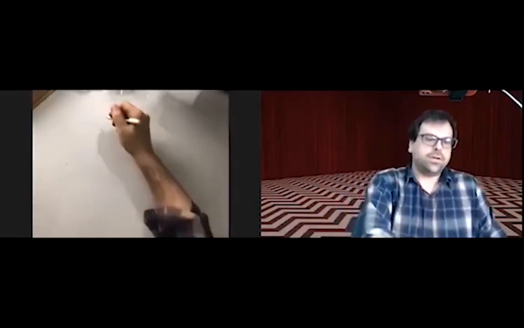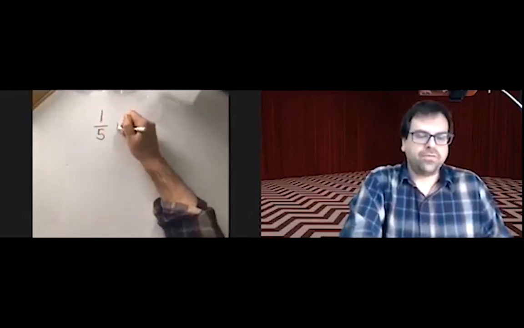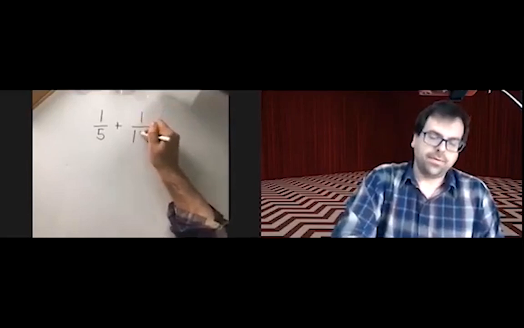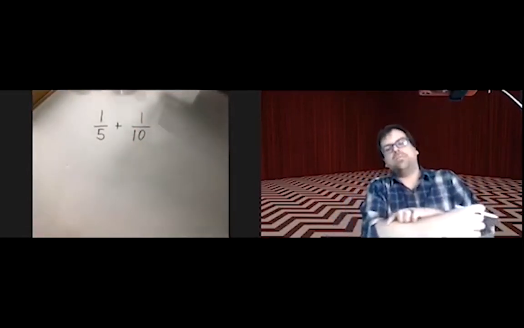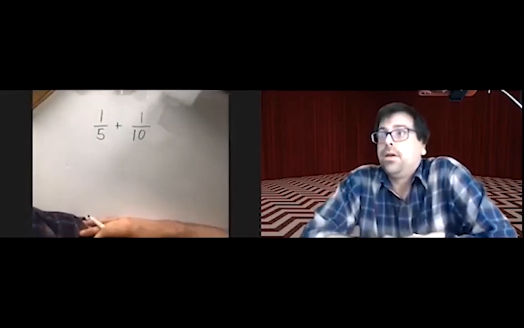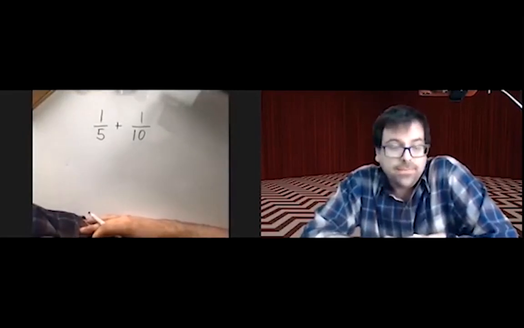I'd like to take a look at 1/5 plus 1/10. This is the first addition of fractions problem we have where the numbers on the bottom are not the same. And therefore, we cannot add these yet.